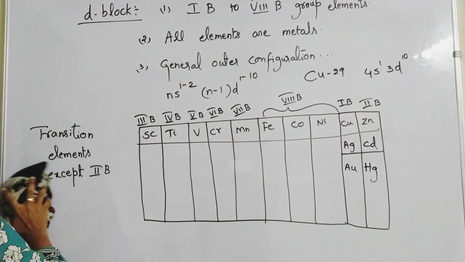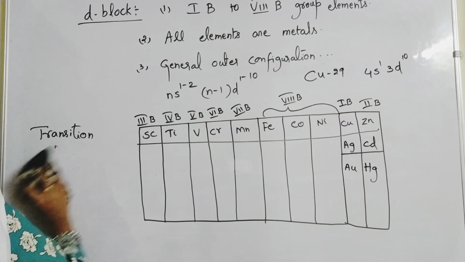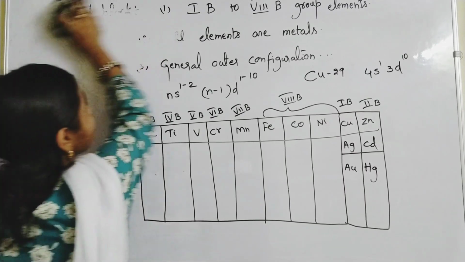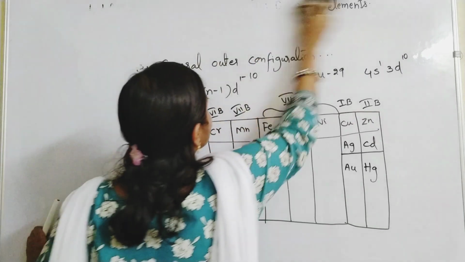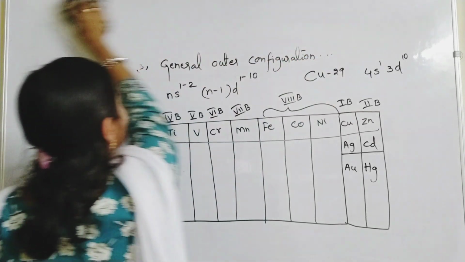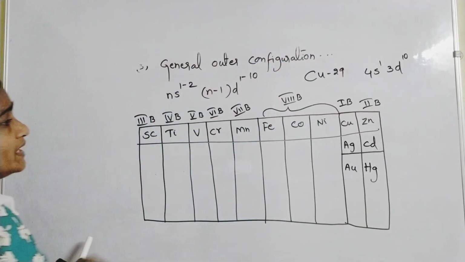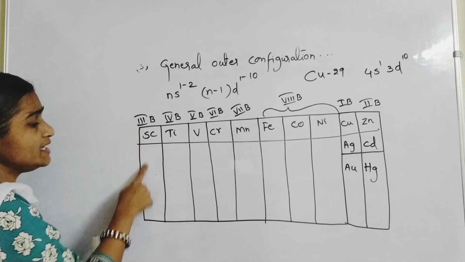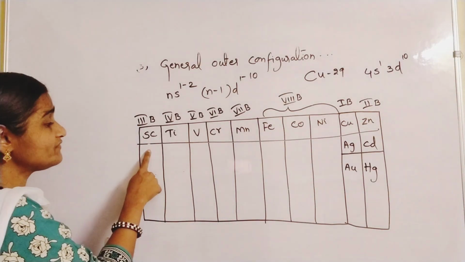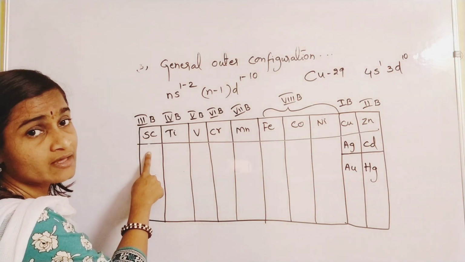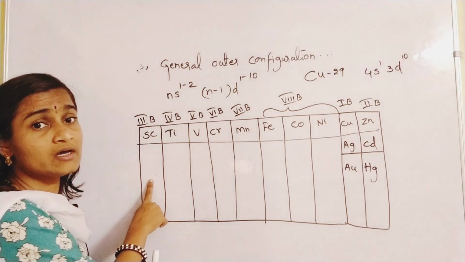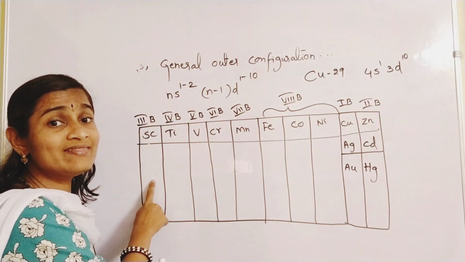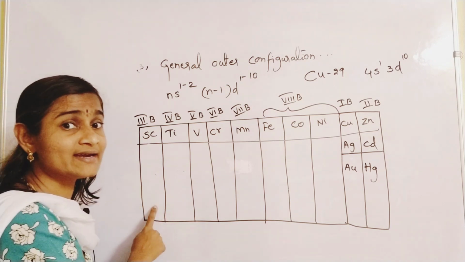And here you will find the 3D series, 4D series like that. In this D block, the third B group elements, scandium, then yttrium, and down last you will be getting lanthanum and actinium.